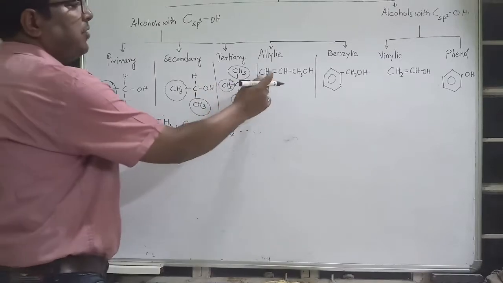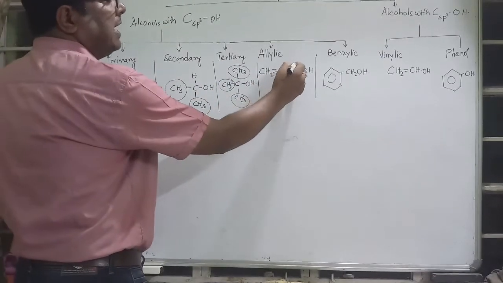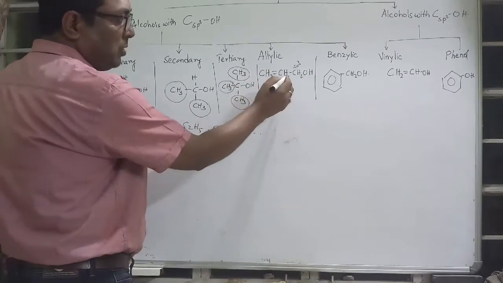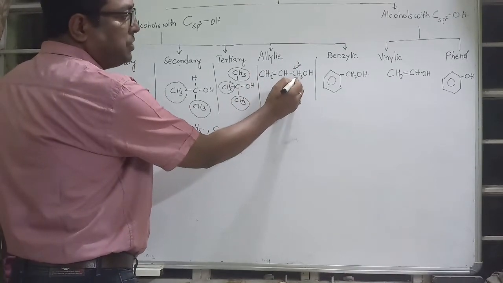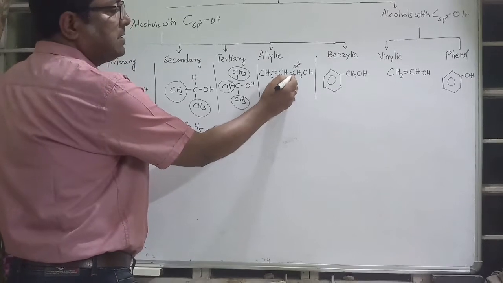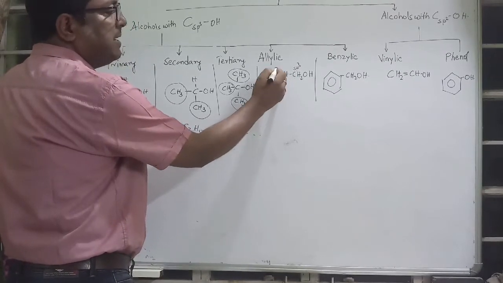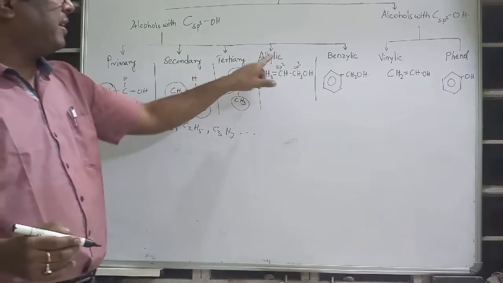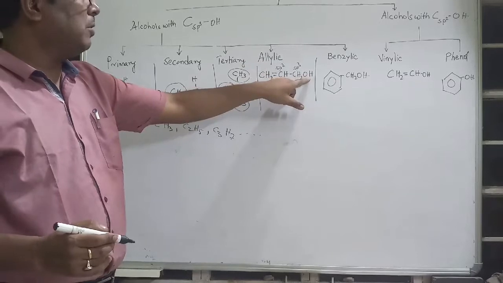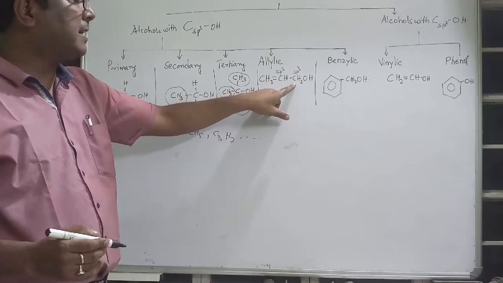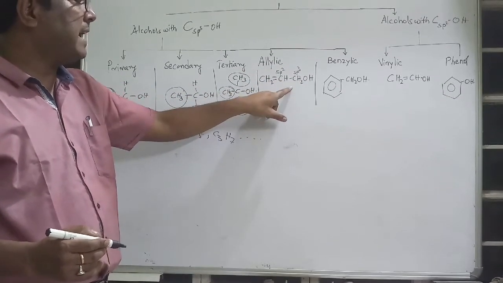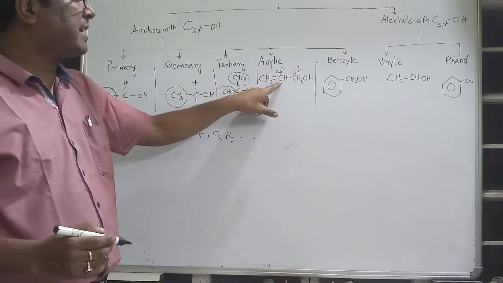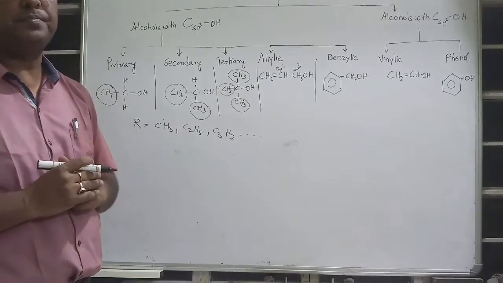Similarly, if we go to this part, this is an sp3 hybridized carbon. If you focus more, you can see CH2 is sp3 hybridized, while this very C, which is its neighbor, is sp2 hybridized. So in allylic alcohol, the OH group is attached to a carbon which is sp3 hybridized, and that sp3 hybridized carbon is attached to a carbon which is sp2 hybridized.